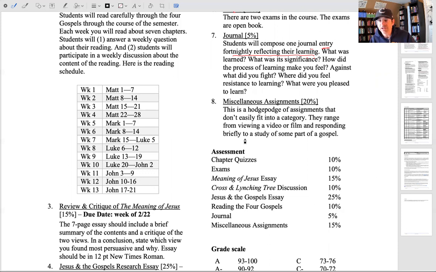One week may be slightly more challenging than the week after and the week after that. I will be posting the assignments every Sunday night, and then you will know what the miscellaneous assignments are. They relate directly to something that we're doing that week.